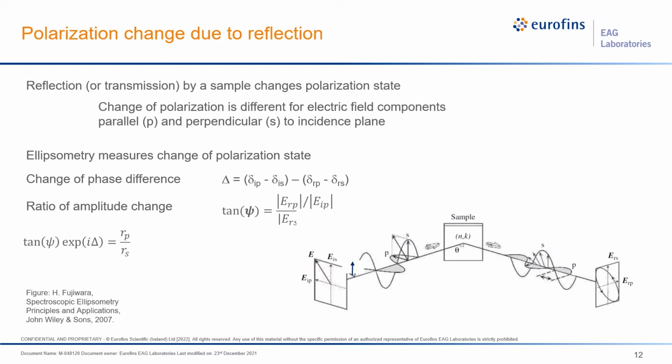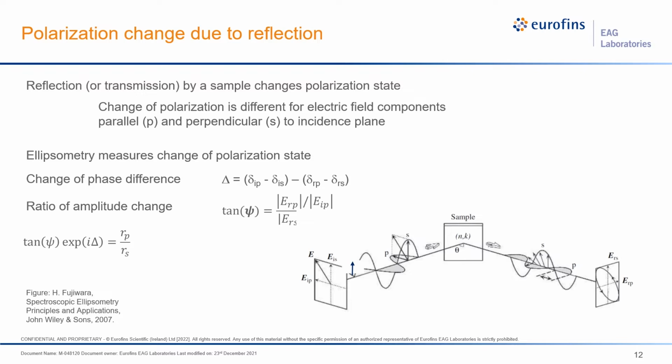It follows from the continuity conditions of electric and magnetic fields across the optical interfaces that the P and S components reflect differently. The incident light interacts with the sample and reflects from it. The interaction of the light with the sample causes a polarization change in the light, generally from linear to elliptical polarization, as shown here in the figure below.